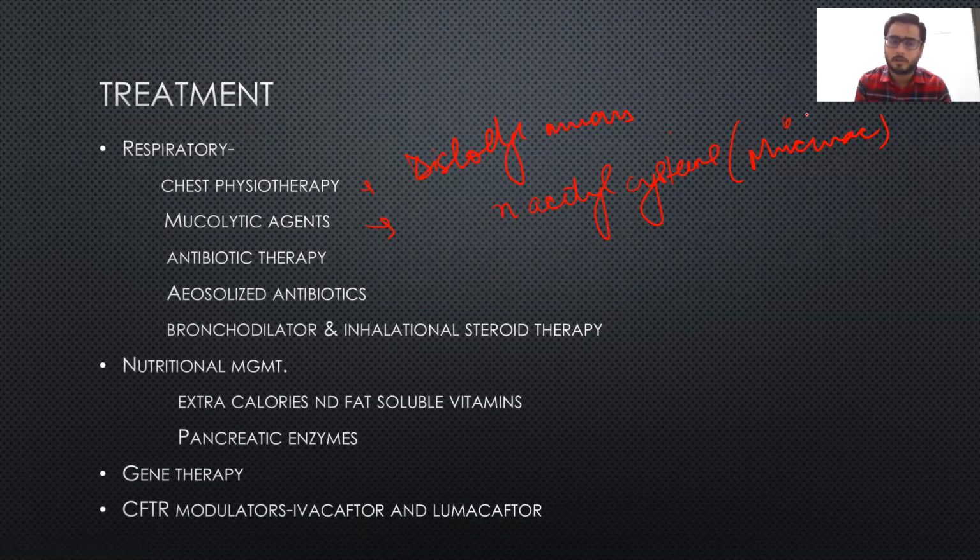We can nebulize the child with salbutamol first. After that, there will be bronchodilation, and later on we can nebulize with N-acetylcysteine. N-acetylcysteine basically breaks the disulfide bonds between the mucus. Breakage of these disulfide bonds leads to liquefaction of the mucus, and it comes out.